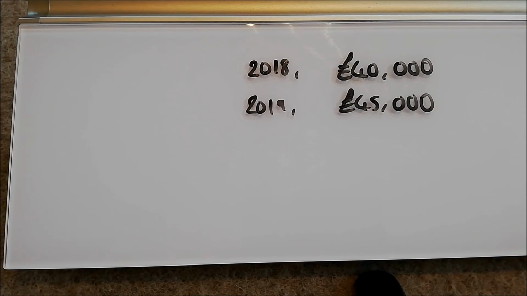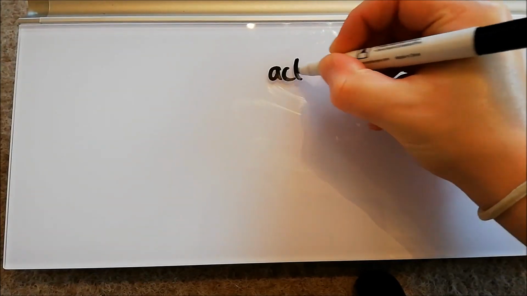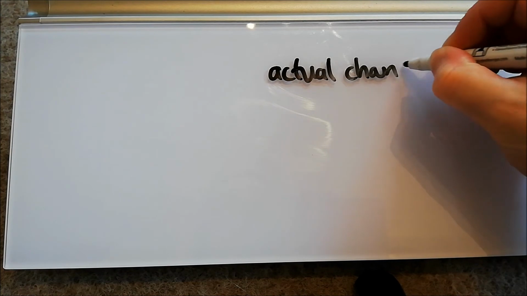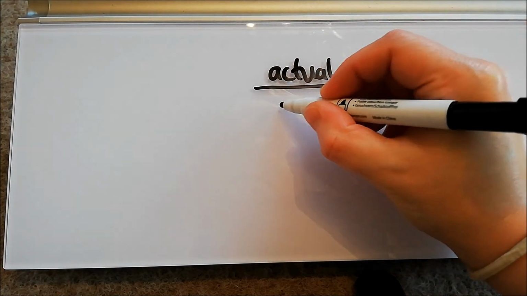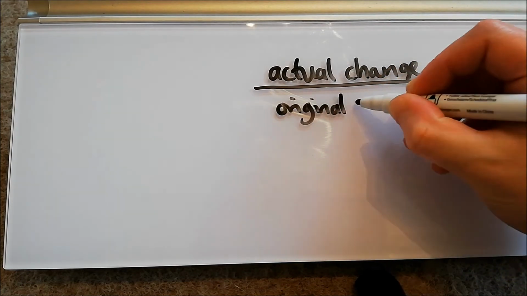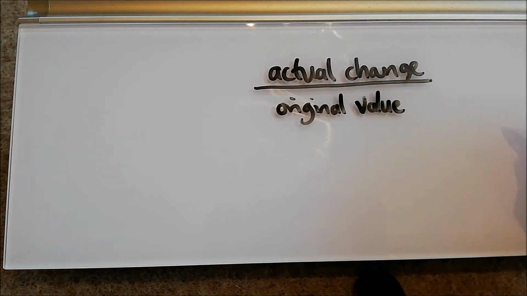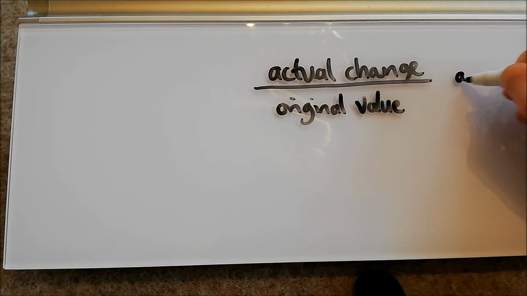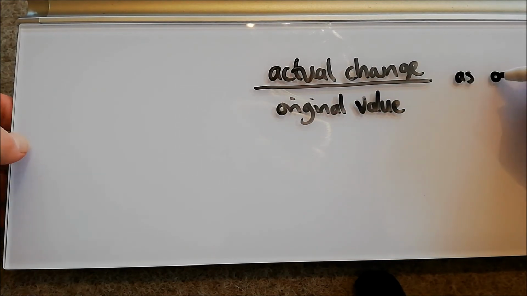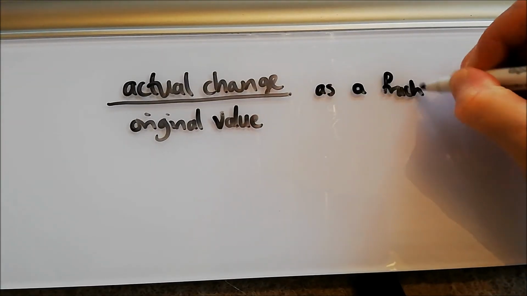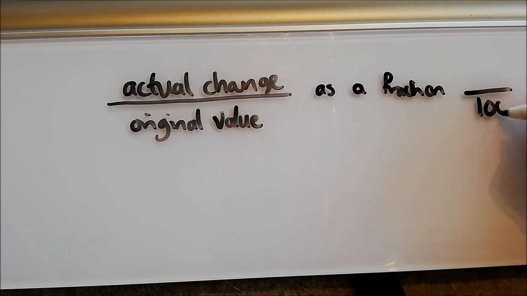And then put method 1, non-calculator. And then put express actual change over original value as a fraction over 100.